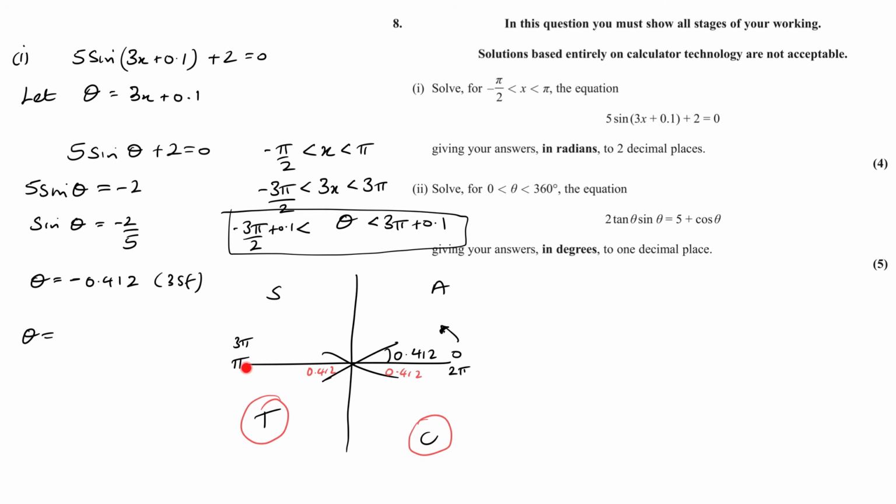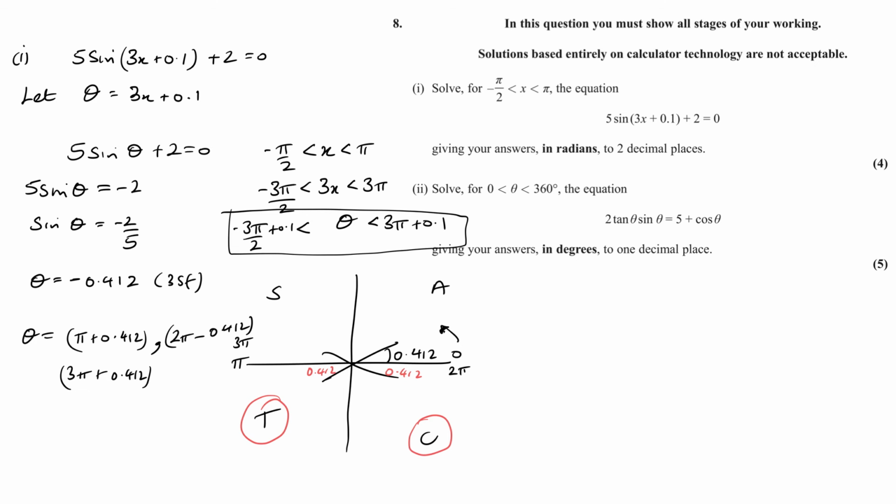So I get pi plus 0.412. It's one angle. I get 2 pi minus 0.412. And then I get basically 3 pi plus 0.412.